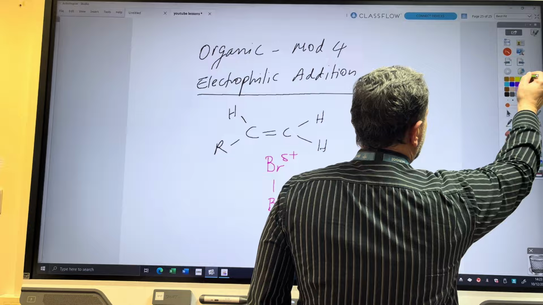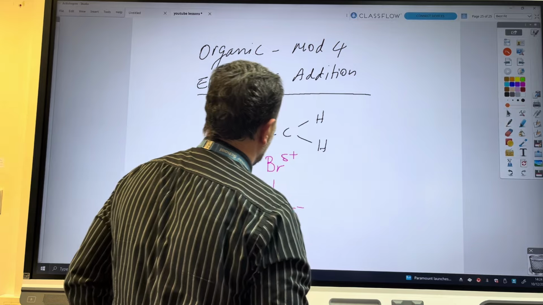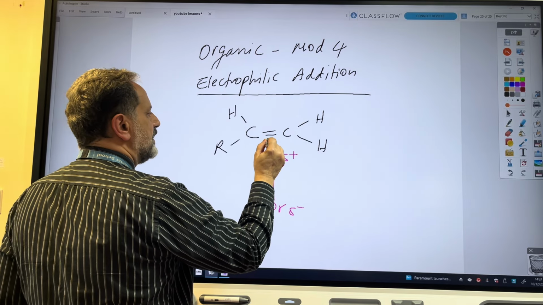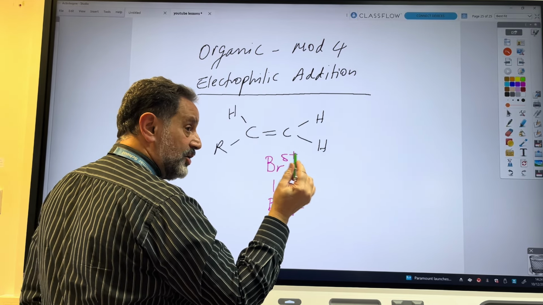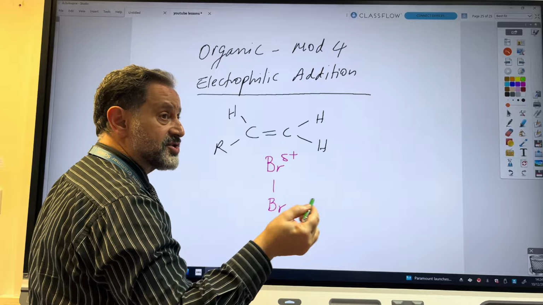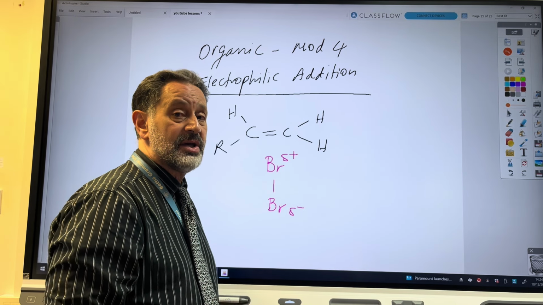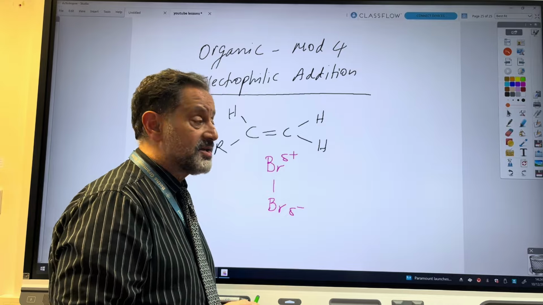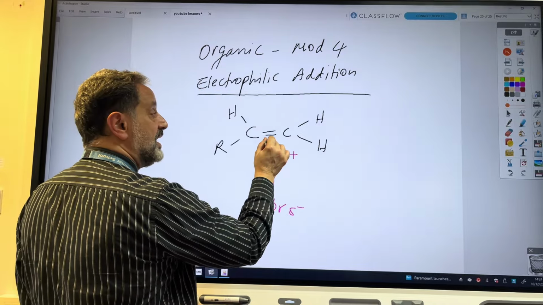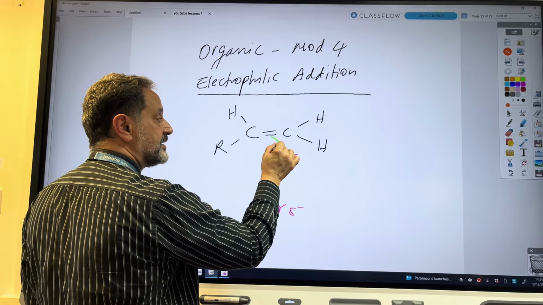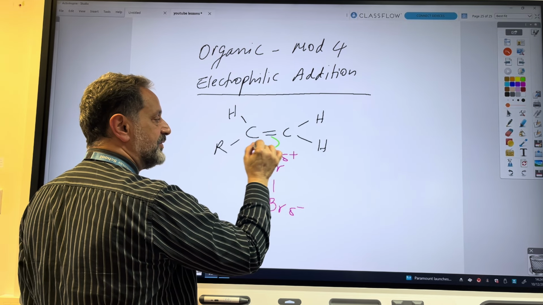Now, if I use a different color for the arrows showing the reaction mechanisms, remember this, because a lot of times some students make mistakes here. Arrows come from where the electrons are to where they want to form a bond.